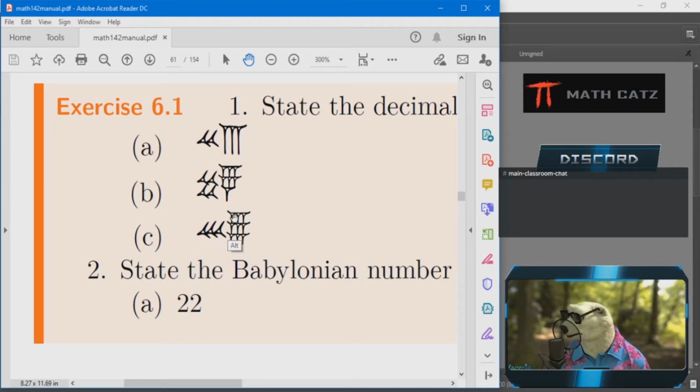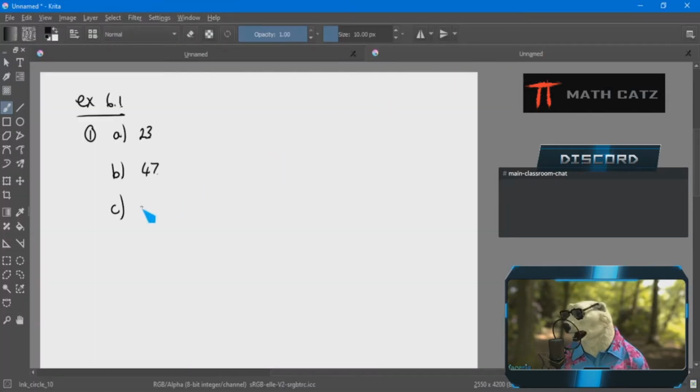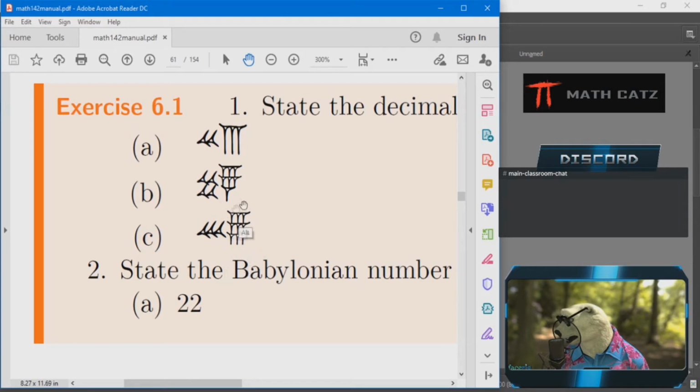So here I have 39. So they decided that, look, if I have too many of these one symbols together, it's going to start blurring together, and I can't quite tell them apart to see how many there are just by looking at it quickly. 9, if I stack them 3 by 3, okay, I think I can handle 9.